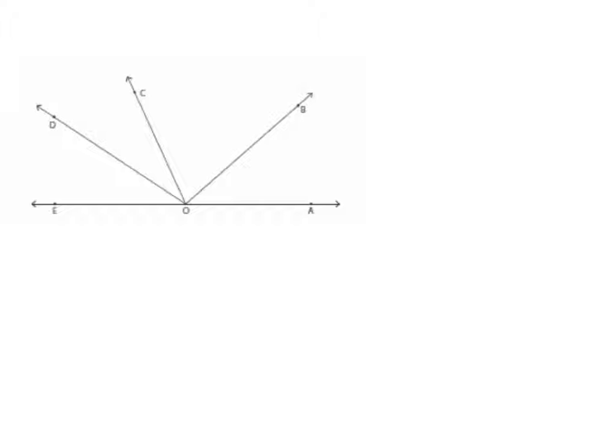This angle right next to it, I could label with a 2 and call that angle 2. I could also call it angle EOC or angle COE, again, O being the vertex. There's also an angle right next to angle 2.